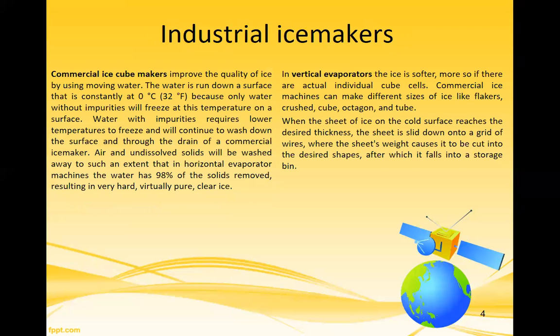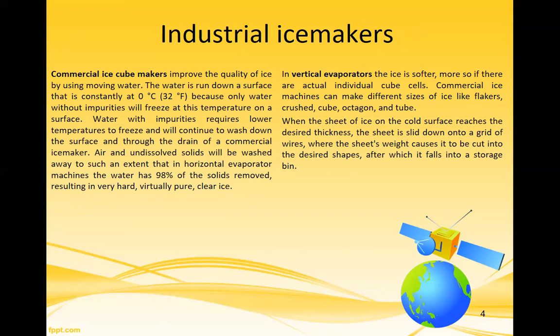Industrial ice maker. Commercial ice cube makers improve the quality of ice by using moving water. The water is run down a surface that is constantly at 0 C, because only water without impurities will freeze at this temperature on a surface.